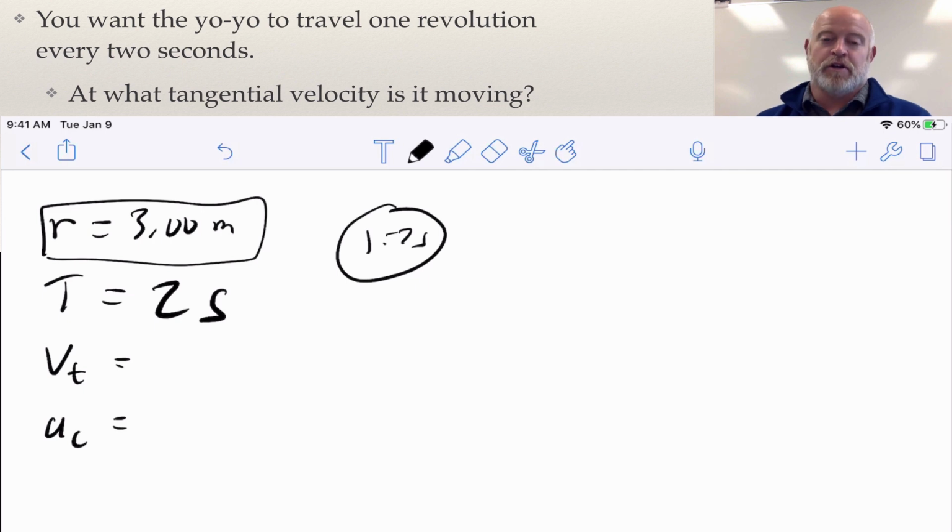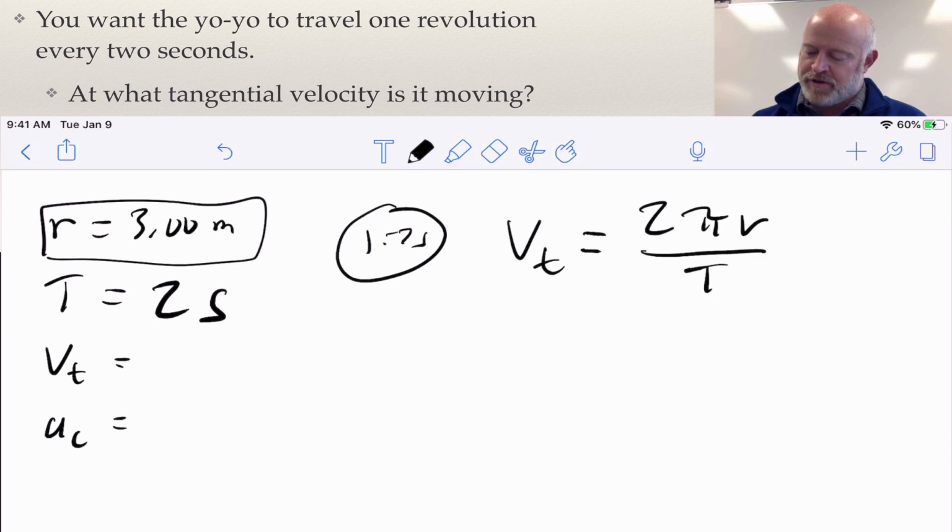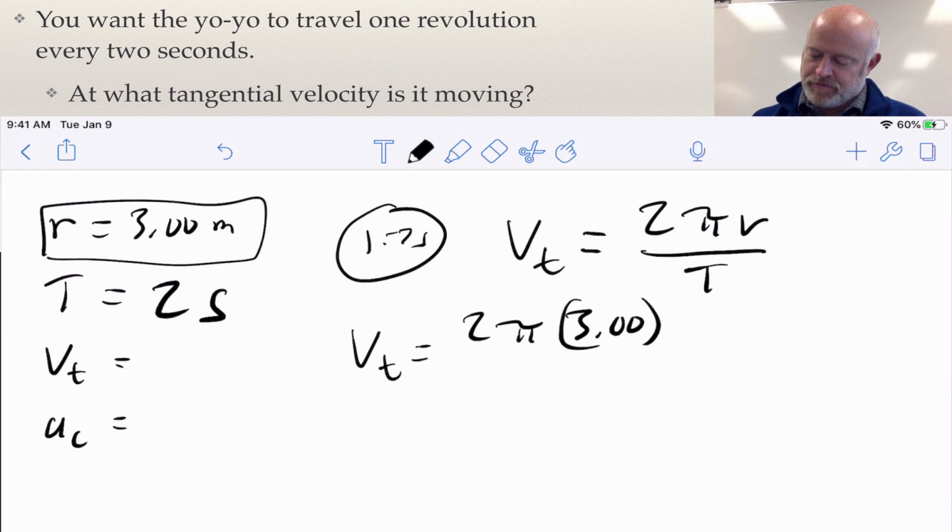Now, looking for that tangential velocity: the velocity tangent is equal to 2 times pi times the radius divided by the period. So it's 2 pi times a radius of 3 divided by a period of 2 seconds.